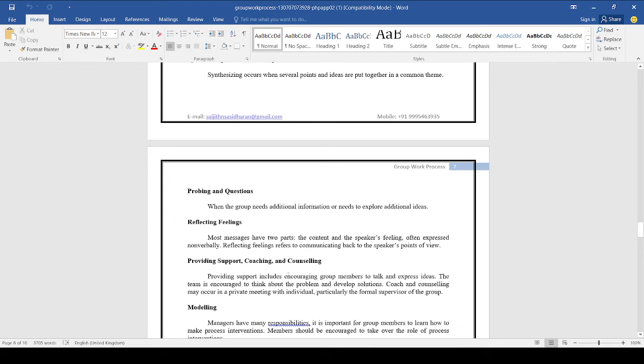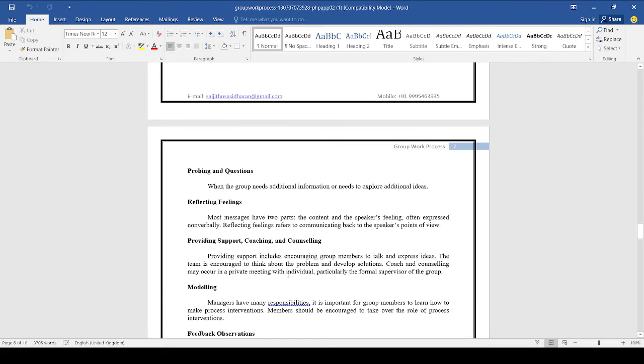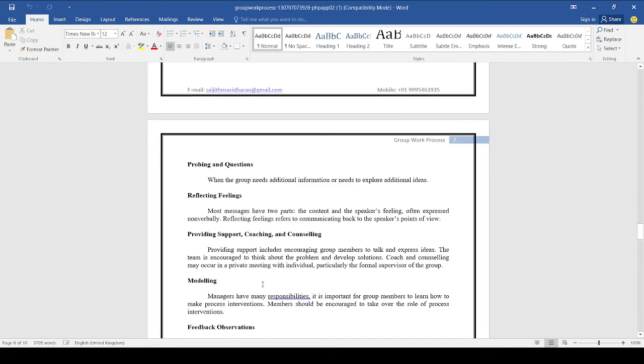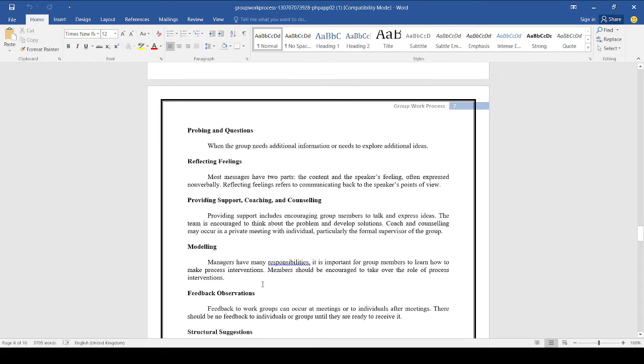Group members reflect their feelings, especially in the group work process, providing support to the individual members by the group members themselves. They provide some counseling, coaching, especially by the group worker also. And next is modeling.